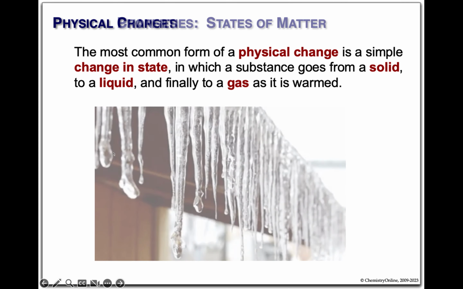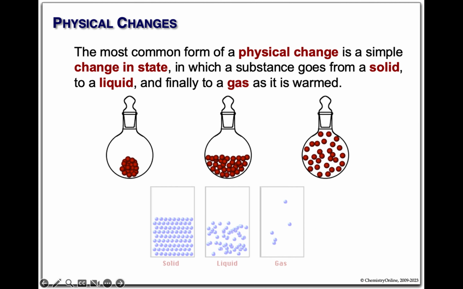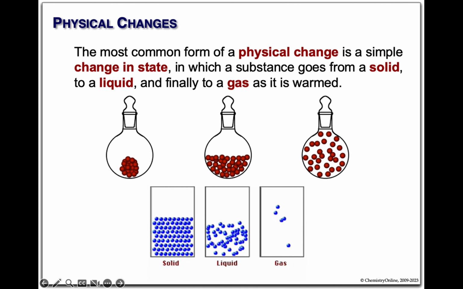We can show our three states of matter this way. This represents a solid, that's a liquid, and this represents a gas. In a solid, the particles are basically motionless. Well, they do sit and shake, because nothing is ever still, like children, but they cannot move relative to each other. It's a lump.